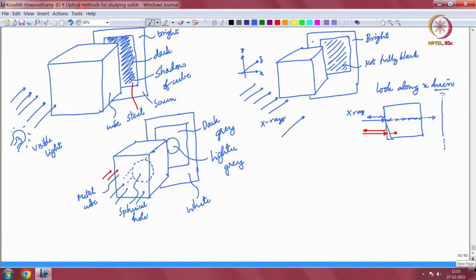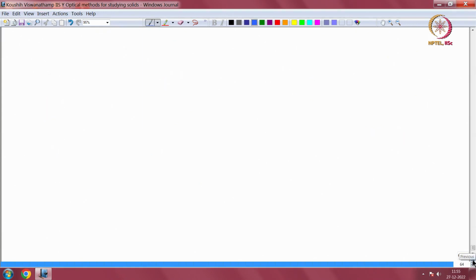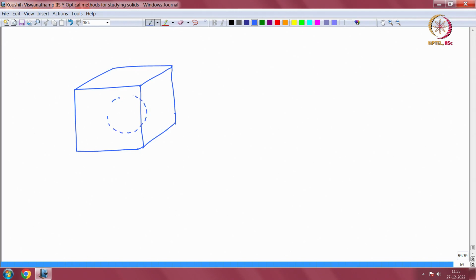To do that, let us now cook up another example. We will take two boxes or two cubes. The first cube is the same as our whole cube, right, with the spherical hole that looks like this, and we are going to pass X-rays in this direction. This was our Z direction, remember.